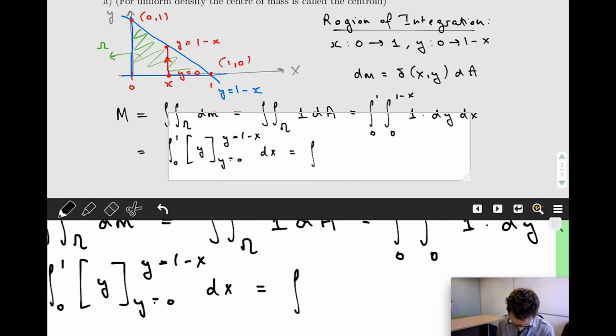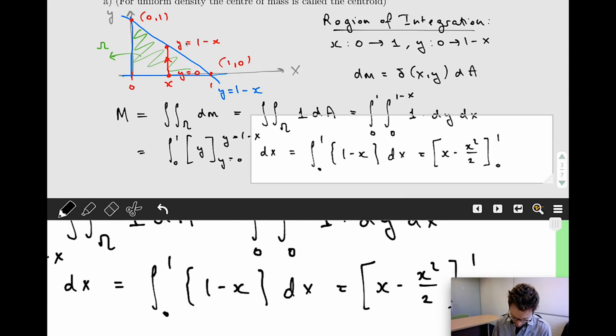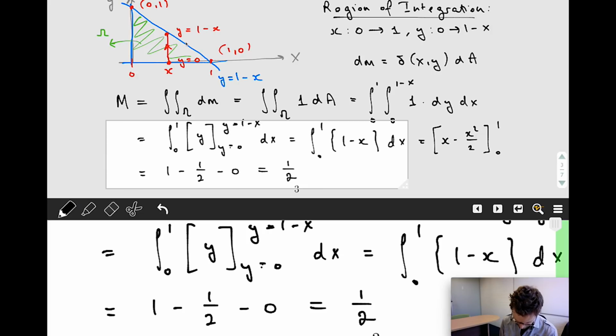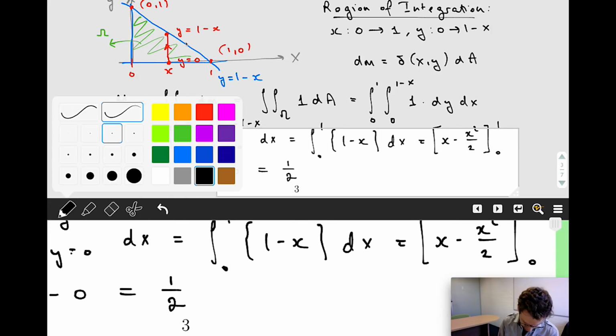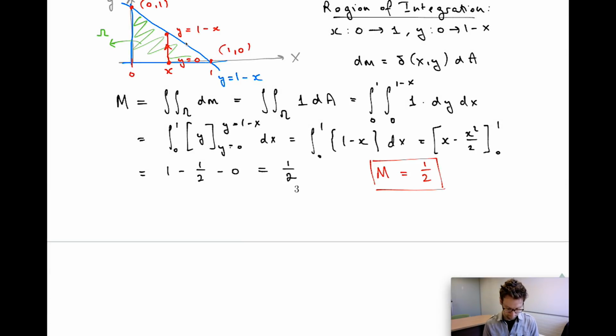So this will give us 1 minus x minus 0, integrating with respect to x, gives us x minus x squared over 2 from 0 to 1, which will be equal to 1 minus a half minus 0, which is equal to a half. So the mass of this object is a half, and we're going to use that expression in a number of the formulae.